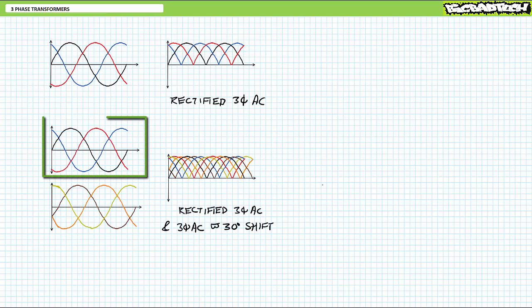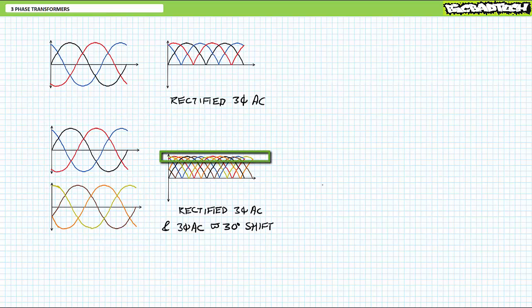However, rectifying the original unshifted AC along with the output of a Y to delta transformer with a 30-degree phase shift, it noticeably smooths out the rectified result such that much less ripple is observed and resultant harmonics reduced. We'll examine this and many other applications of three-phase transformers in later lectures.